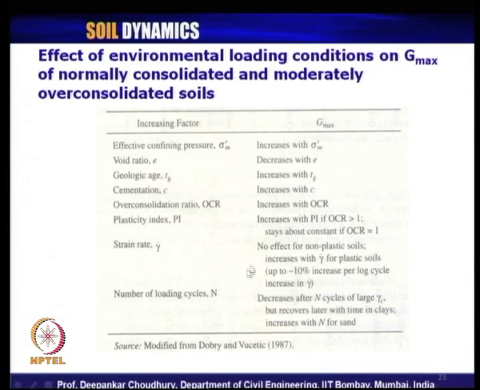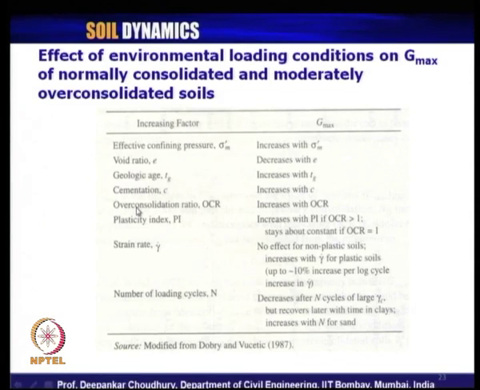What happens if cementation of the soil changes? If cementation of the soil increases, cementation means obviously the bonding between the soil particles is much more. So, obviously, it is supposed to give higher strength. So, there will be increase in the value of the G max with cementation.